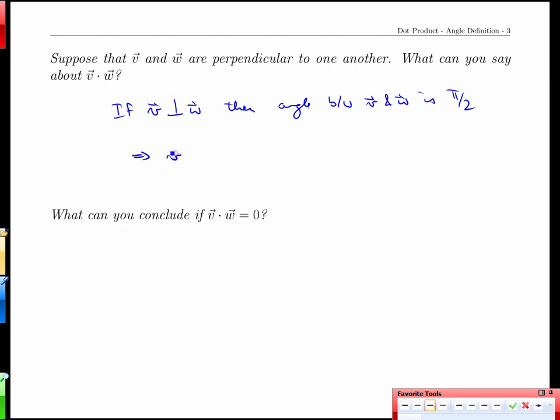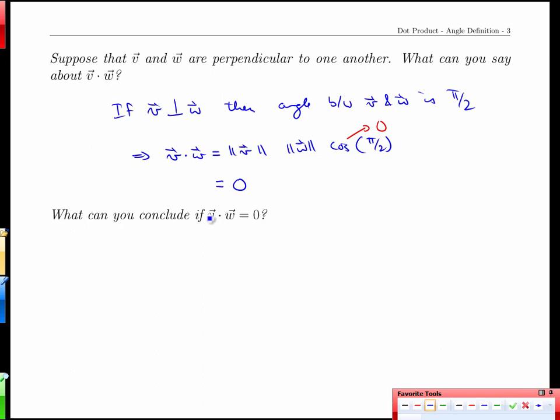And as soon as we say that, then their dot product will be the length of v times the length of w times the cos of the angle between them. So if they are perpendicular, so we have an angle of pi over 2, this is always going to be a 0 term. So we're always going to get a 0 value. So if we have two vectors that are perpendicular, their dot product will be 0.